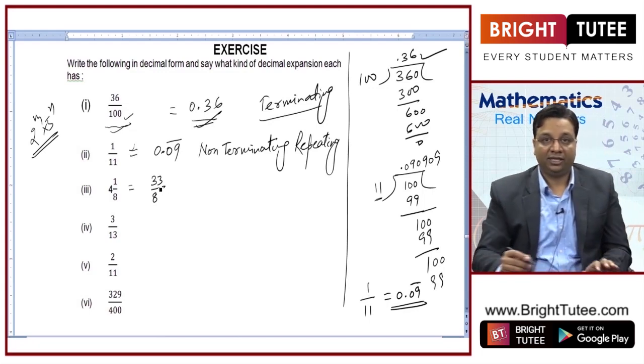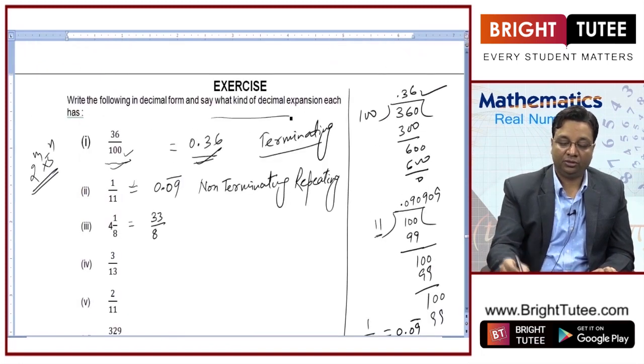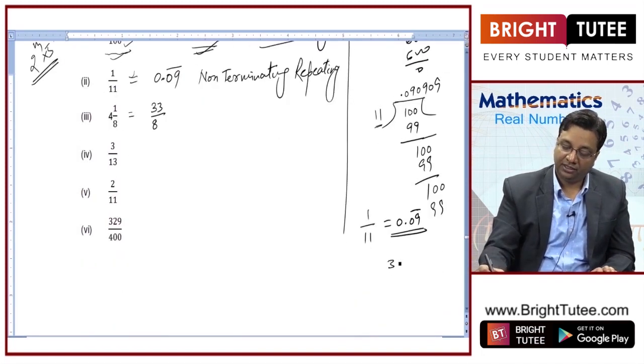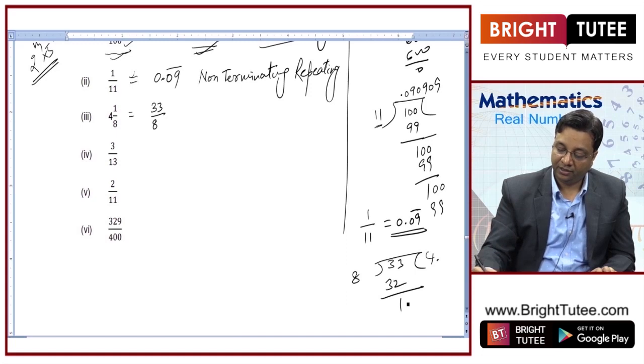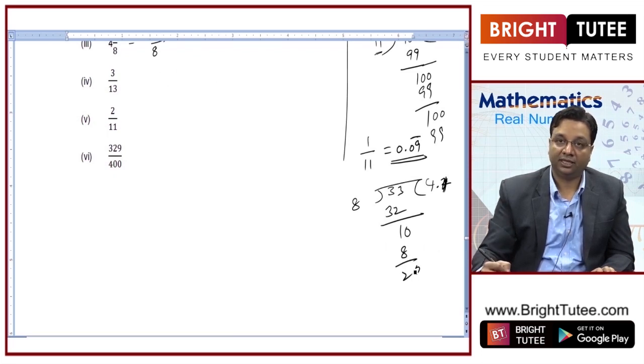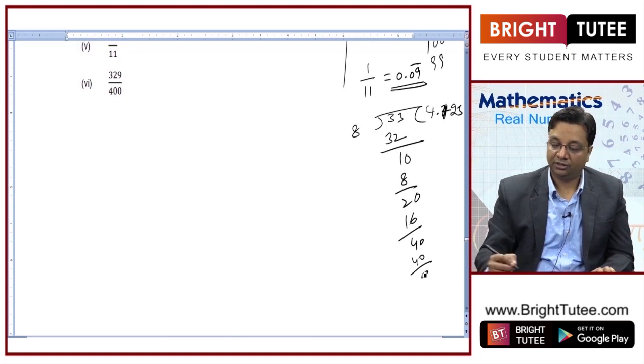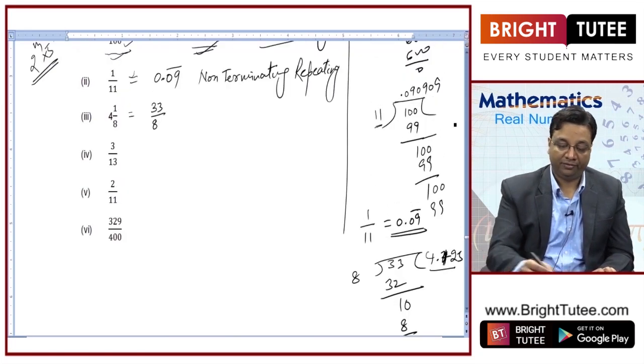Some of you can do it directly also without showing the long division here, because it is not mentioned that we need to show the long division method. 33 by 8, 8 fours are 32, so 1 is the remainder. Now, a decimal 10, 8 ones are 8, so 2 is the remainder, once again a 0, 8 twos are 16, so 4, 0, 5, 40, now 0 is the remainder, 4.125.